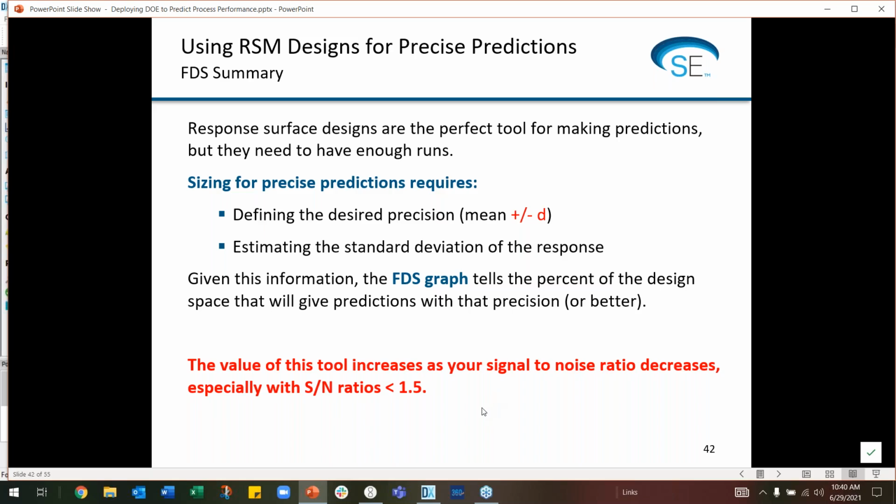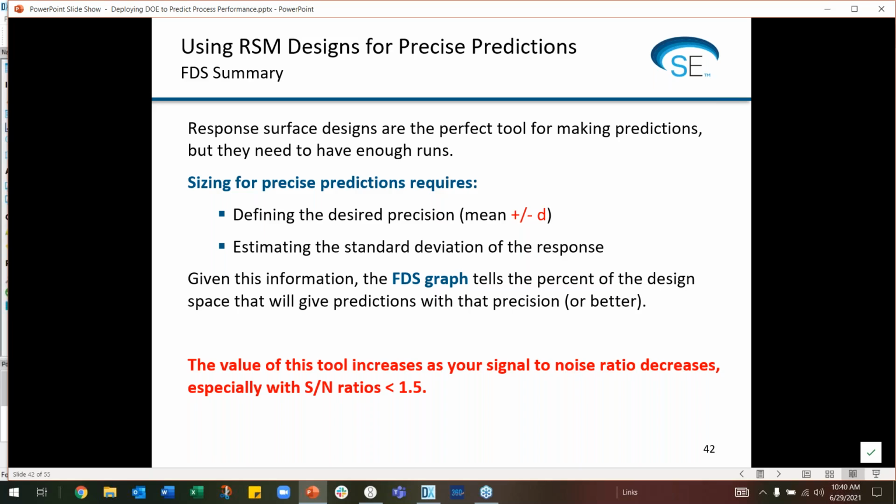My final comment here is that the value of this FDS tool increases as your signal to noise ratio decreases. Very specifically, as your signal to noise ratio is less than about 1.5, that is where the default response surface designs might need to be augmented with some additional runs.